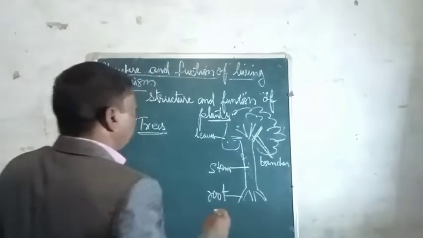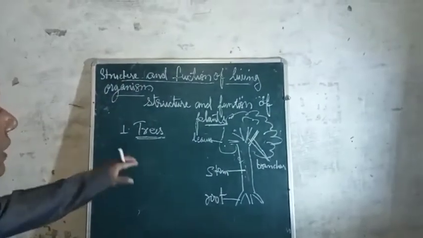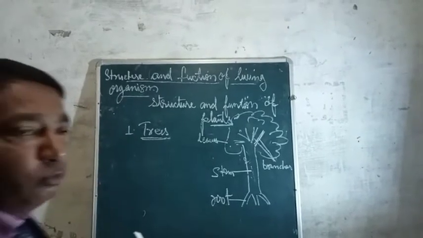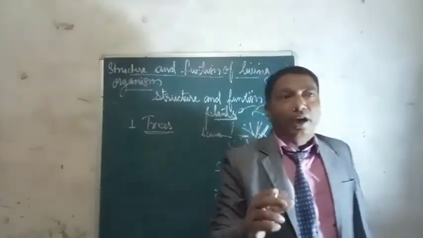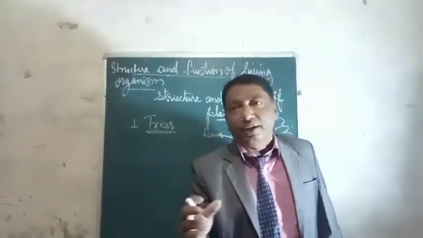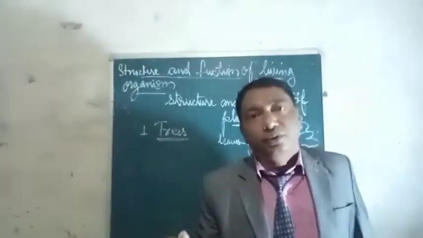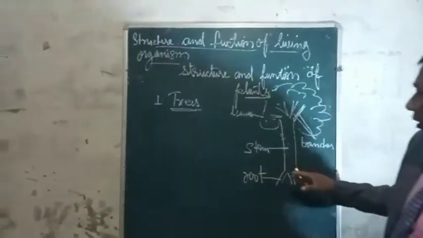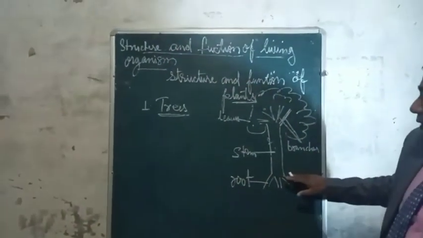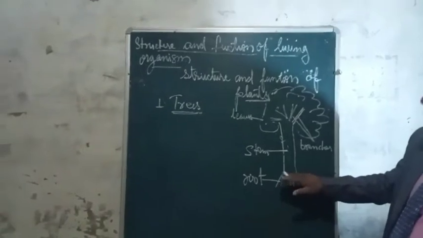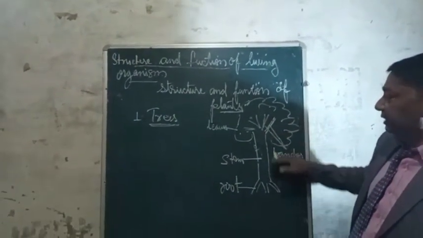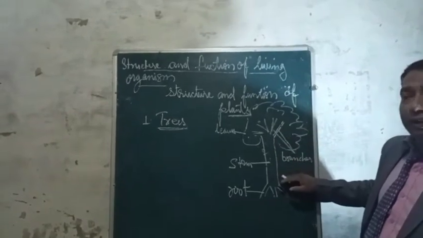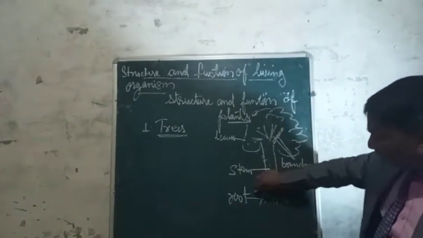Is it okay? So what are the characteristics of a tree? If someone asks you that, what will you say? The tree bears root, stem, branches, leaves. It has two parts.